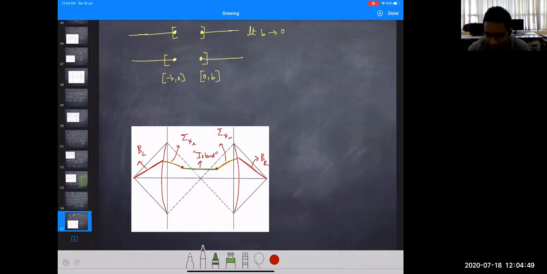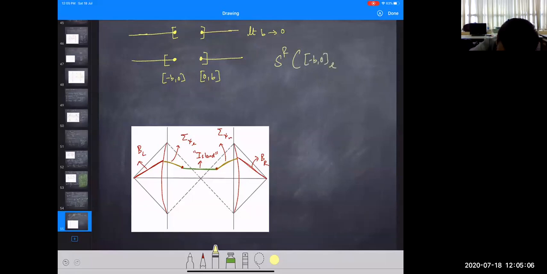Now what we showed is that, keep in mind, we are still computing fine-grained entanglement entropy of minus b comma 0 left union 0 comma b in the 1D system. If this is the computation in the 1D system, that is equivalent to computing entanglement entropy of the dots, and that is equivalent to computing entanglement entropy of the black holes.